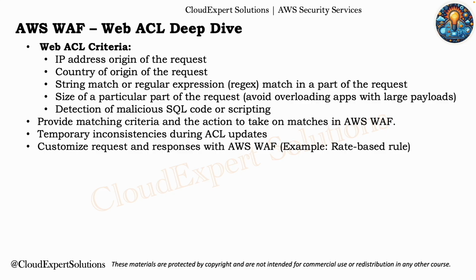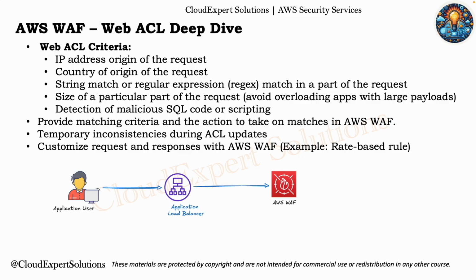Now let's understand this using a diagram. Here is our application load balancer, which is front-ending the web application, and we have AWS WAF enabled on the application load balancer. We have also configured a rate-based rule to allow 100 requests every 5 minutes.